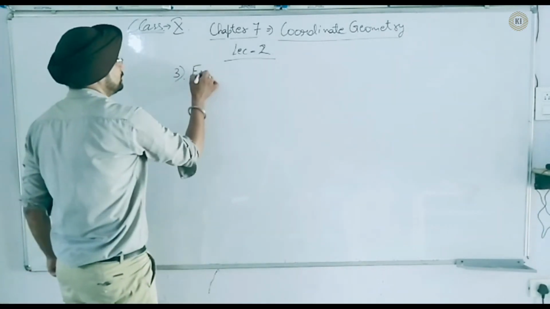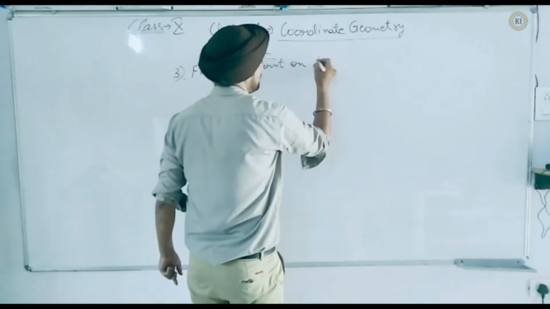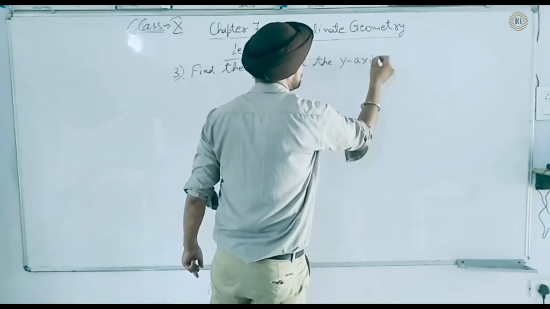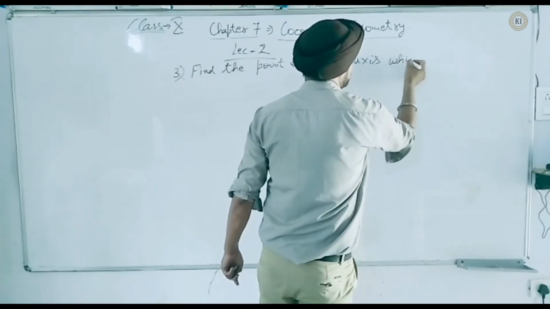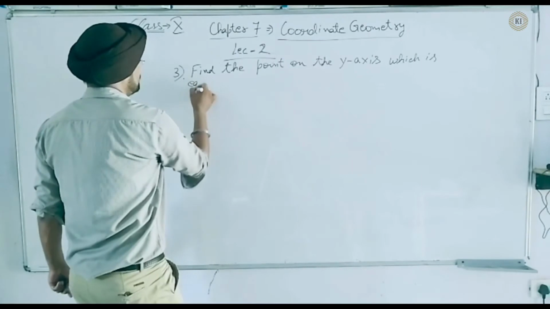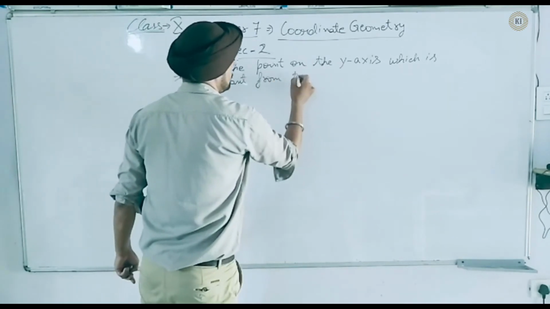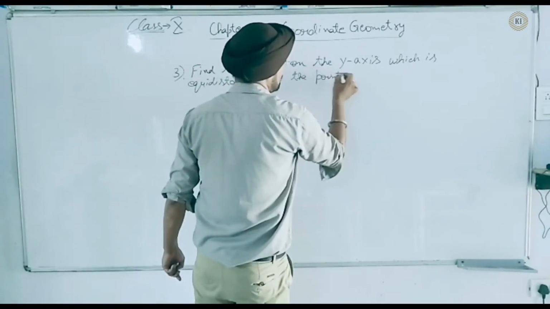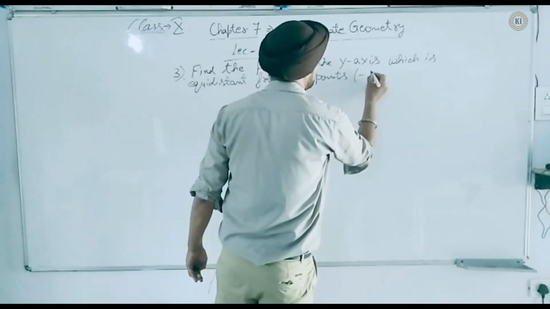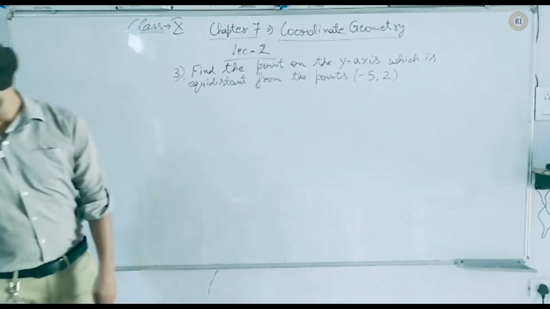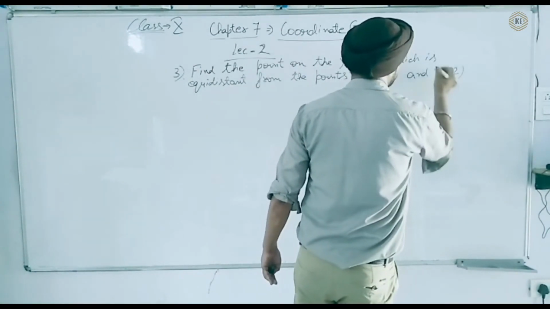Find the point on the y-axis which is equidistant from the points minus 5, 2 and 9, minus 2.